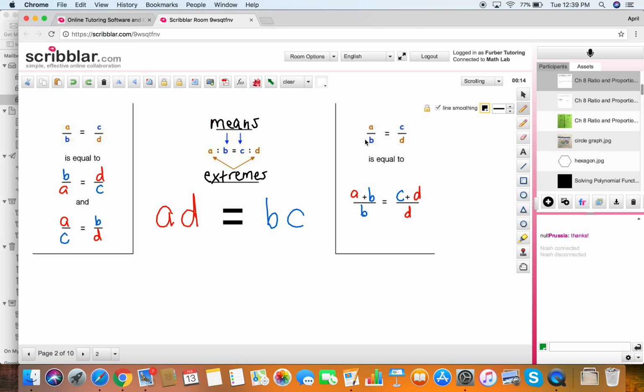So the first thing you'll notice is that I took the A and the B and I added them, and then I divided by the B that's on the bottom. And then over here, I added the C and the D and divided by the value that's on the bottom, which is the D. So these are all equal ways of setting up these particular types of proportions. And so we're going to do an example here in just a minute where you get a chance to basically take a proportion and write an equivalent proportion to it using these ideas.